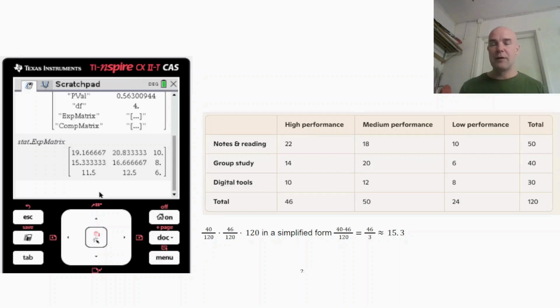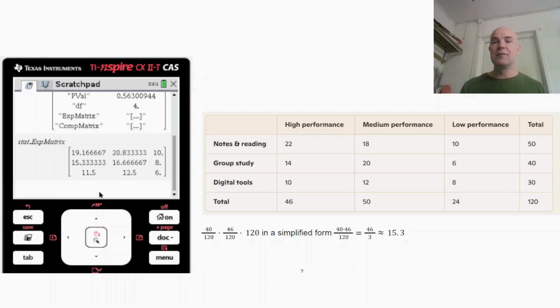So 40 over 120, that's the probability for studying in a group, multiplied with the probability of high performing, and there are 46 high performing students. So the probability is 46 over 120. So that's the probability to find a high performing and group studying student.